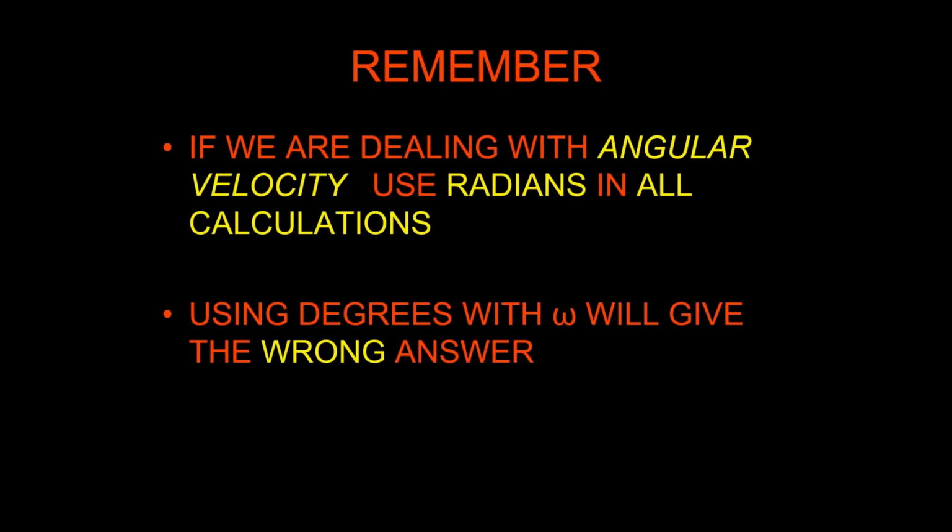The thing to remember in all of our calculations when we're dealing with angular measure, especially angular velocity, is to use radians in all your calculations. If you use degrees with omega, you will get the wrong answer. Angular velocity, always quote in radians.